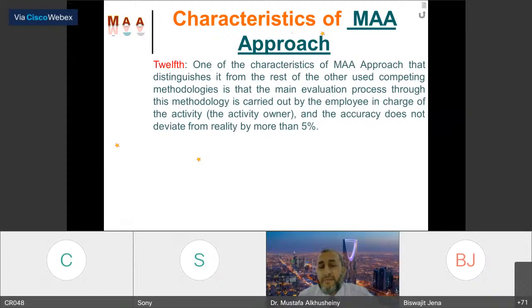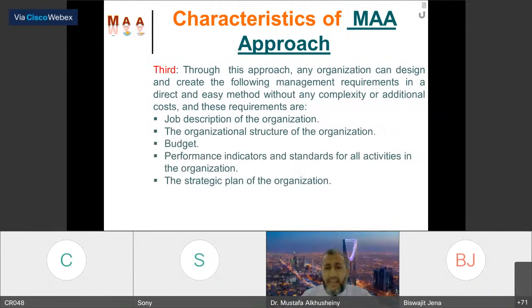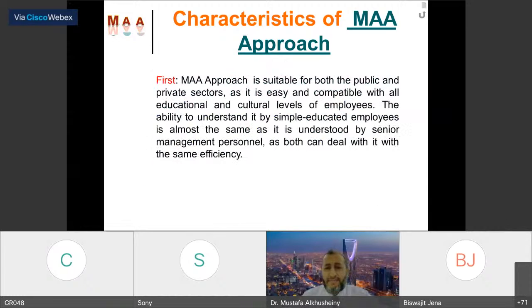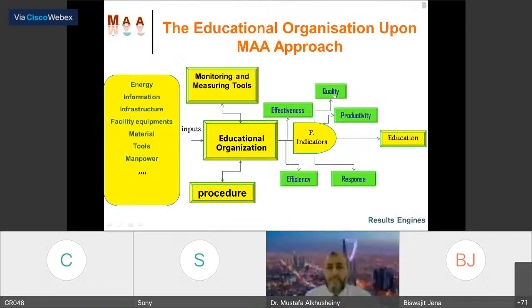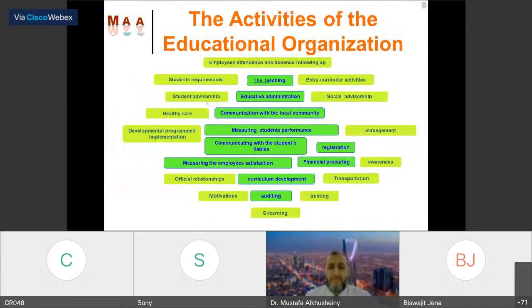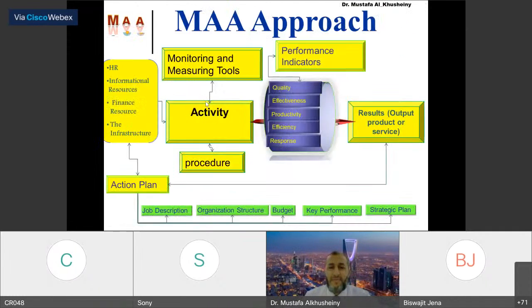No problem. As we see here, let us turn back. Let us come here. As we see here, the employee is one member of the HR who is related to the activity.